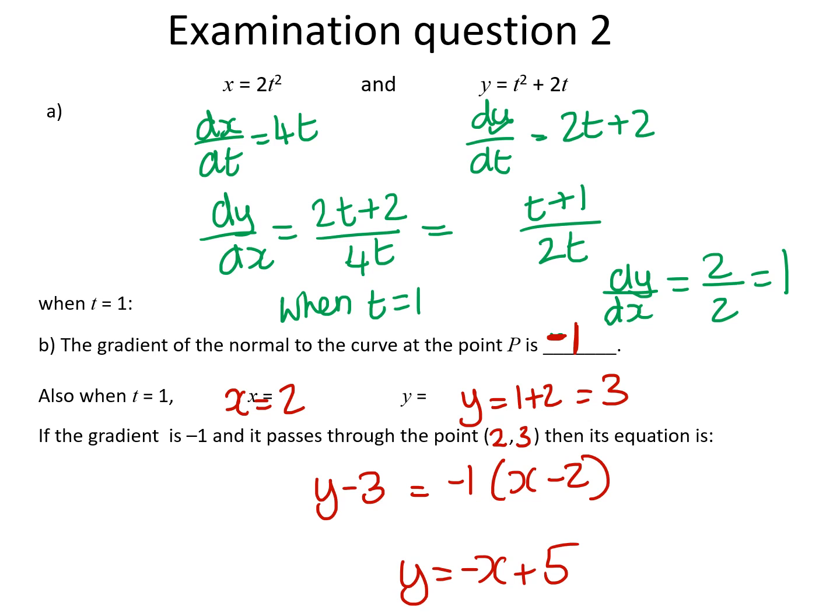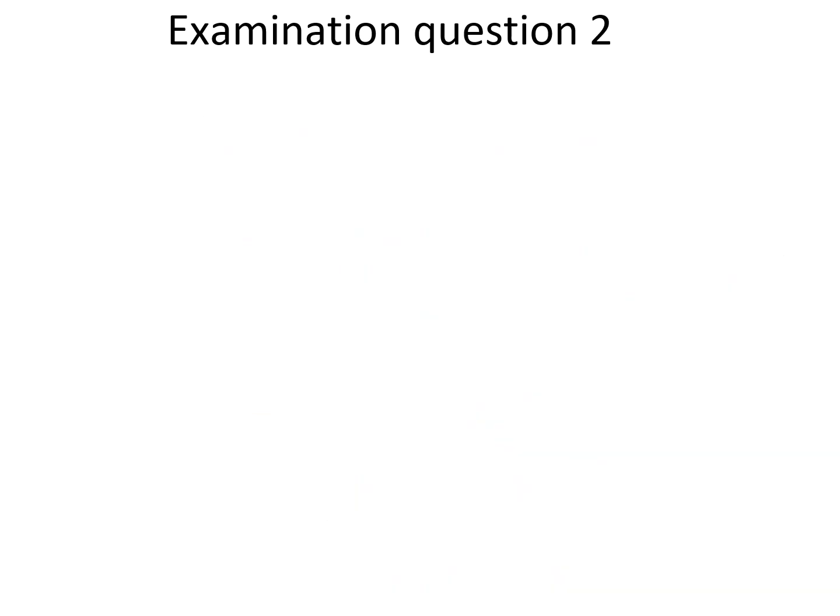That's part b, isn't it? Part c, what did part c want us to do? It wanted us to find where the normal of the curve at point P cuts the curve again at point Q. Find the coordinates of Q. Hope you had a think.